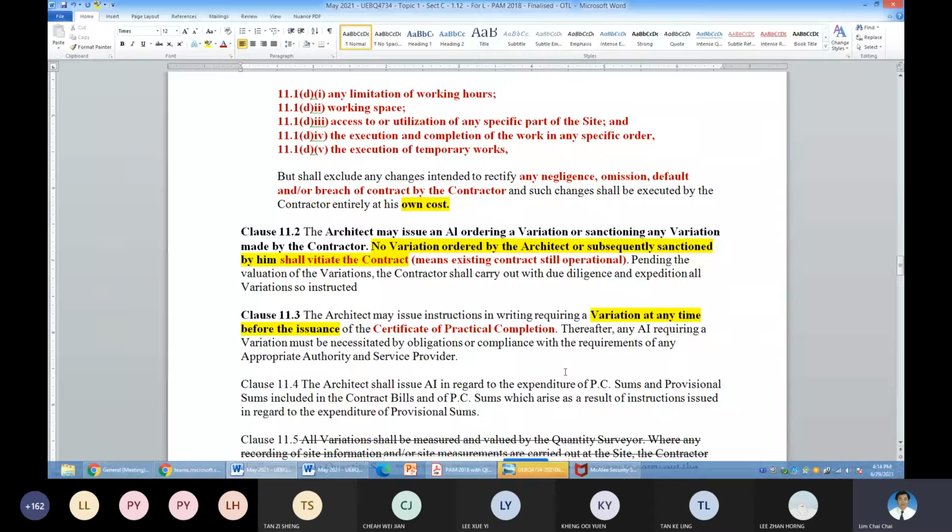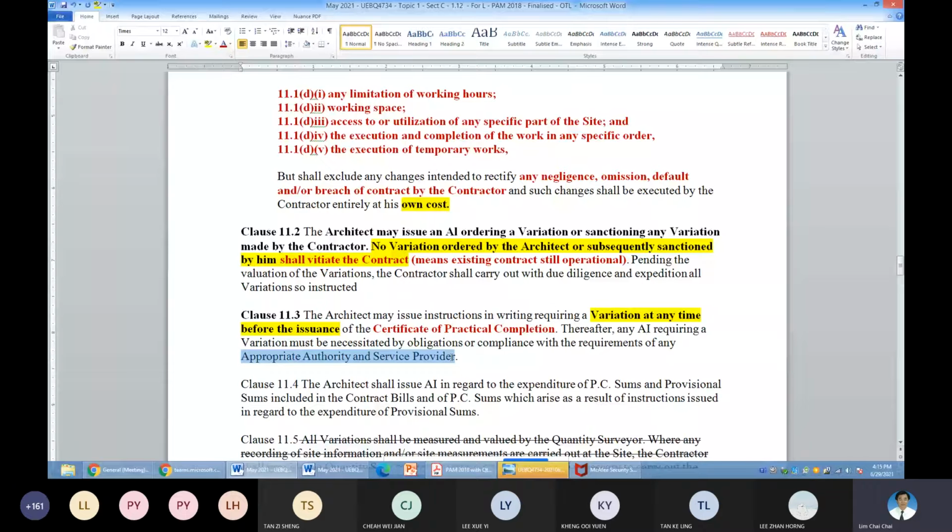But clause 11.3 is a very special provision allowing the architect to issue VO even after CPC for this category only. Appropriate authority.